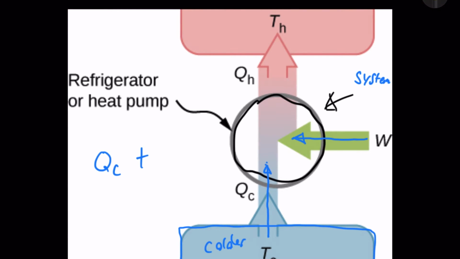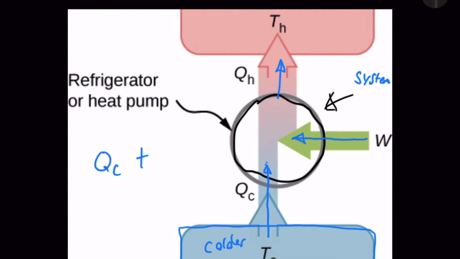This heat that we just took out of the freezer has to go somewhere. It can't just stay in the system, or else the system's either going to get super hot and start breaking down and melting, or it's going to end up radiating back into the freezer, and that's not what we want. So we dump this heat into a hot reservoir, a hot sink, something that's actually higher temperature than the freezer.